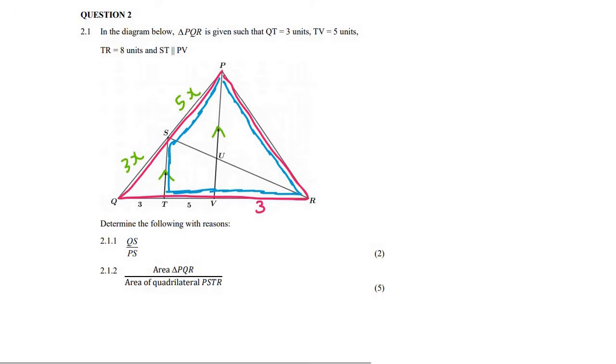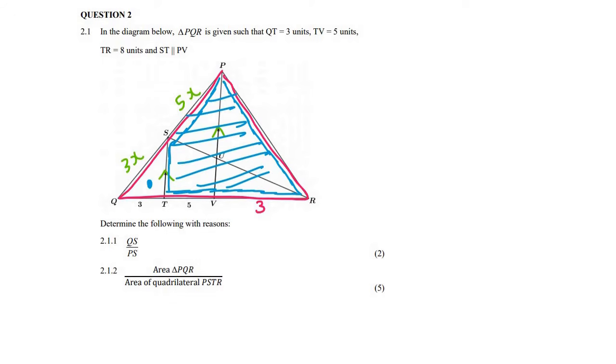It's to realize that the area of this blue quadrilateral is the big triangle minus the small triangle. Can you see that? It's the big triangle minus this smaller triangle. So let's go work that out first.